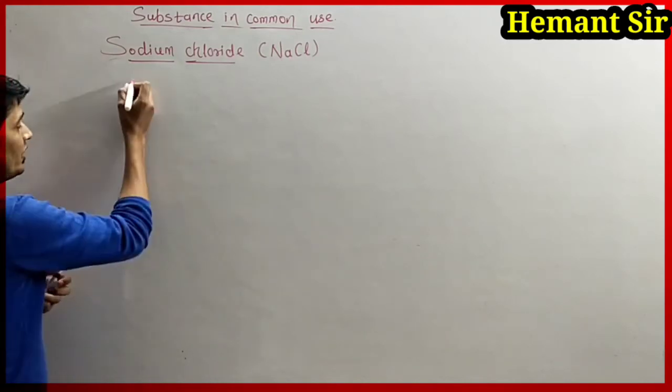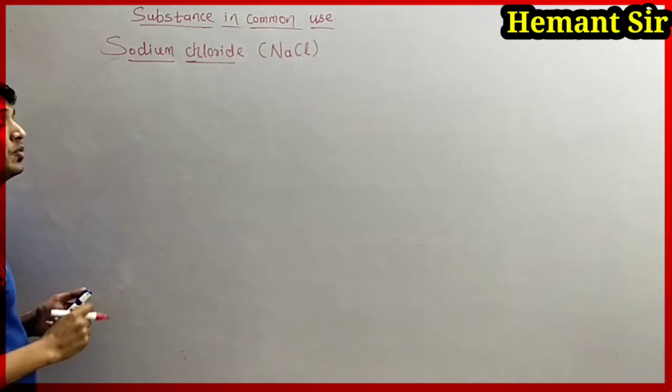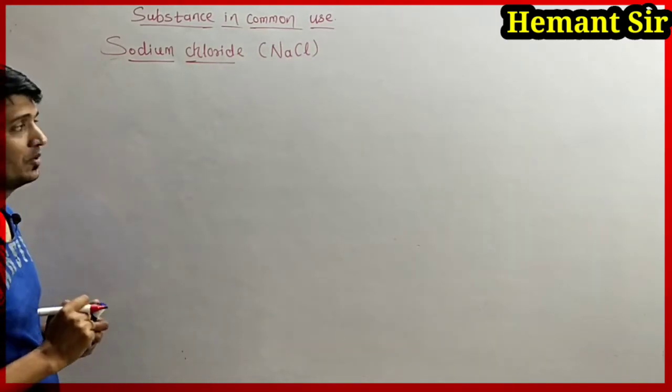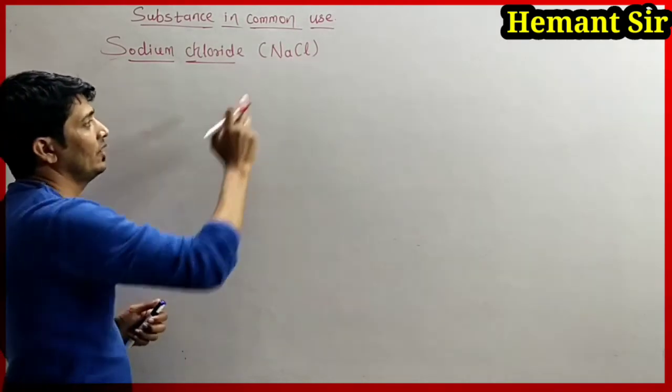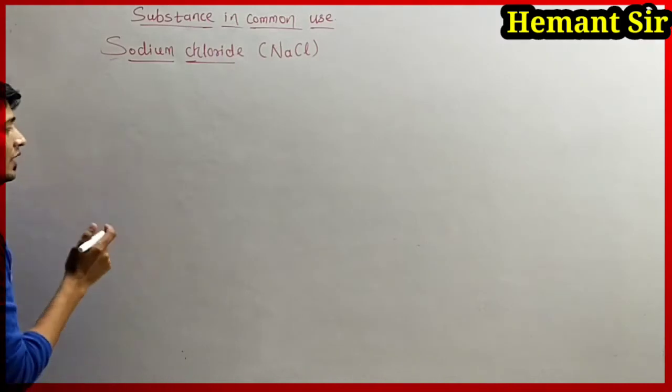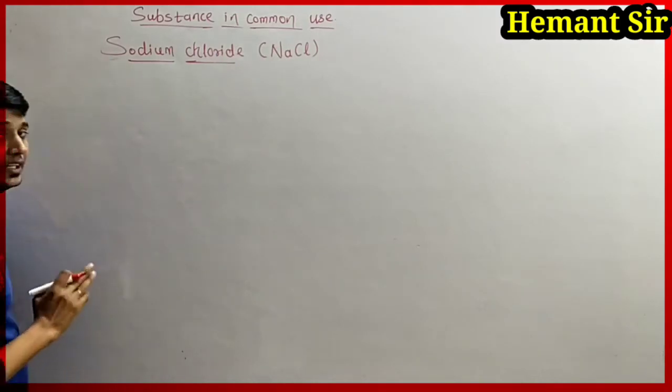Its name is sodium chloride and its molecular formula is NaCl. It is formed by sodium and chlorine atoms. Generally we have to understand how sodium chloride is formed.